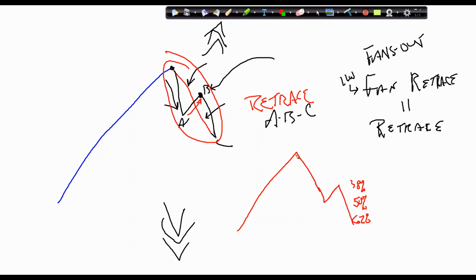So this is a retrace because it's a retrace of the whole arm. This is a retrace because it's a retrace of that retrace. This would be a retrace because it would be disproportionate there, and it's going to be disproportionate here.